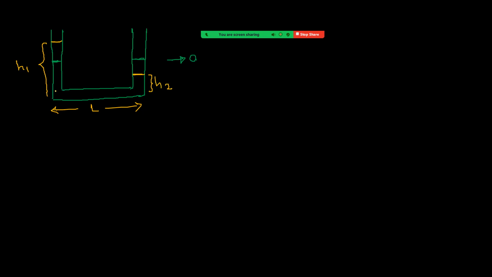In the left column it is raised, and in the right column it is coming down. If you do not know in which column it will be raised, just assume randomly. So I am assuming that in the left column it is raised and the right column is decreased. When we get the answer, we can conclude in which column the liquid is raised.